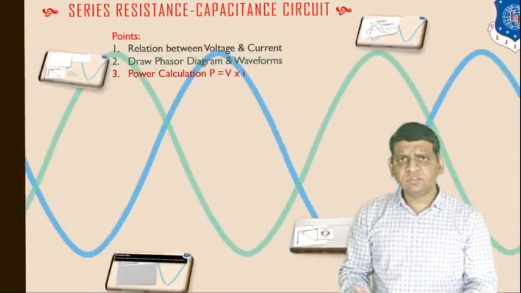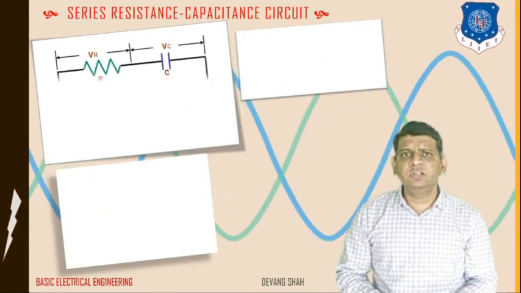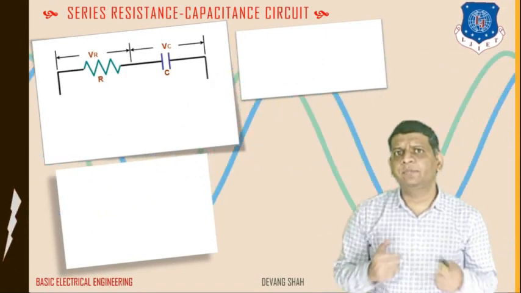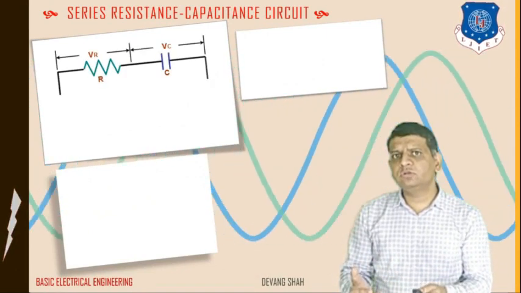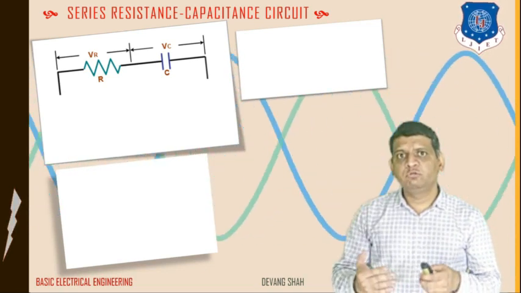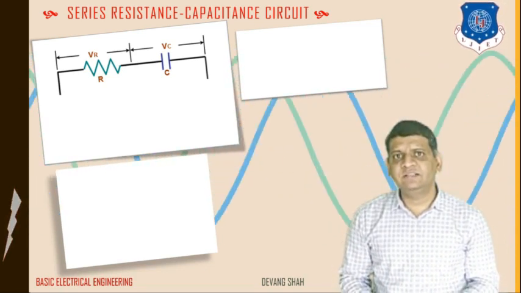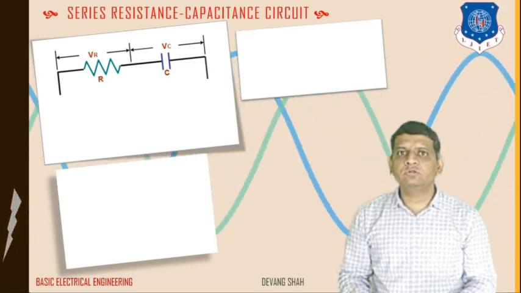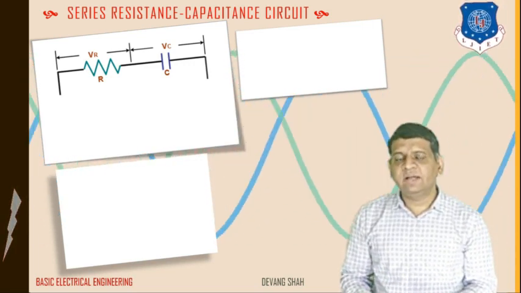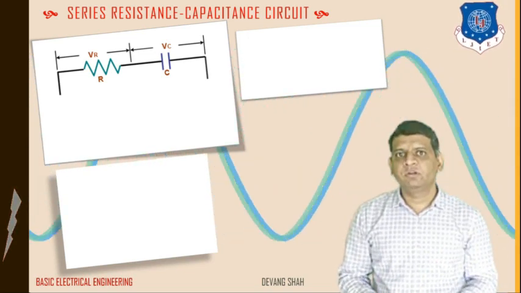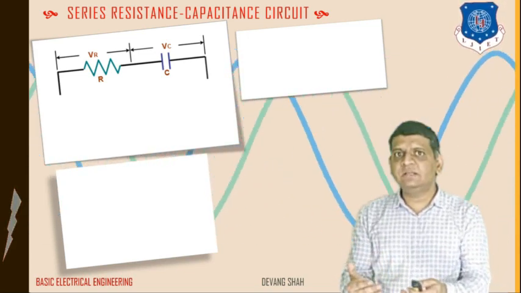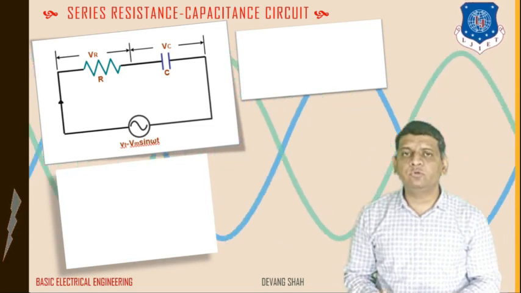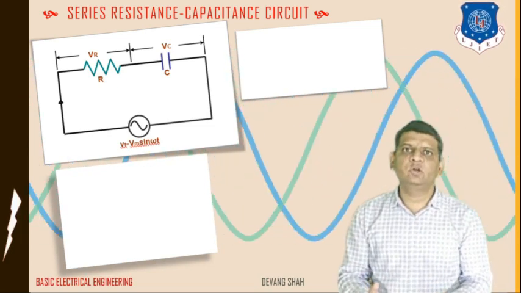Right. So let us first start with the series combination of resistance and capacitor, where the voltage drop across the resistance is VR, that is equal to I into R. The voltage drop across the capacitor, that is equal to VC, that is equal to I into XC. Right. So for this series combination, now we apply the AC sinusoidal signal, v of t is equal to Vm sin omega t.